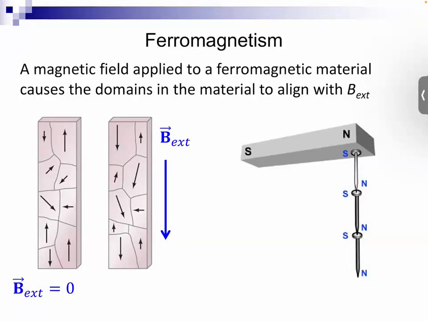Okay, so those are the three kinds of magnetic materials. Again, the difference is atomic. It's how the electrons spin and orient themselves.